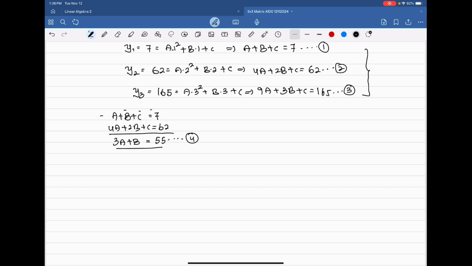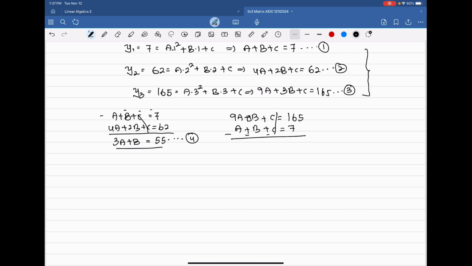And similarly, by applying the same rule, a plus b plus c you deduct from 9a plus 3b plus c is equal to 165. Then a plus b plus c is equal to 7. You deduct, and the c will go off.